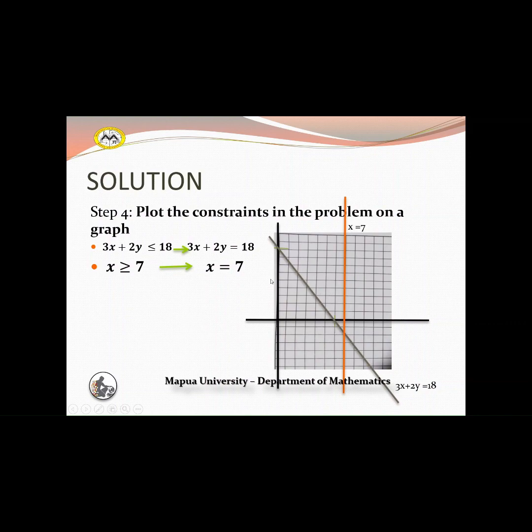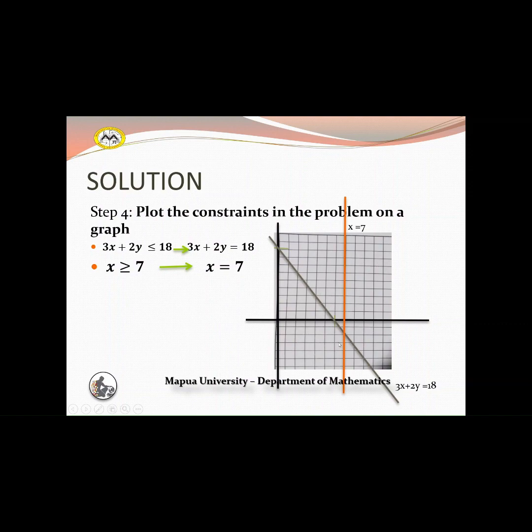Now, using the graphical method again, we can plot the given inequalities by replacing the inequality with an equal sign, and this will serve as the boundary line. Then we plot these lines using the x and y intercepts. So we have the line 3x plus 2y equal to 18, and for the other inequality, the corresponding line is x equal to 7, which is obviously a vertical line.